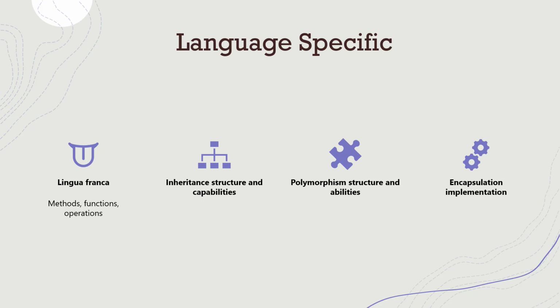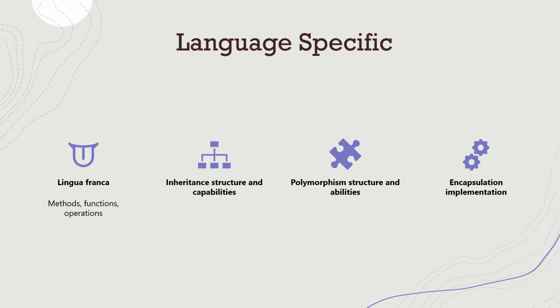The inheritance structure and capabilities may also differ from one language to another. For example, some languages let a subclass inherit from more than one superclass, and others restrict a subclass to only one superclass. How the inheritance is implemented and coded can be very different from one language to another, but the concept itself exists in all object-oriented languages.